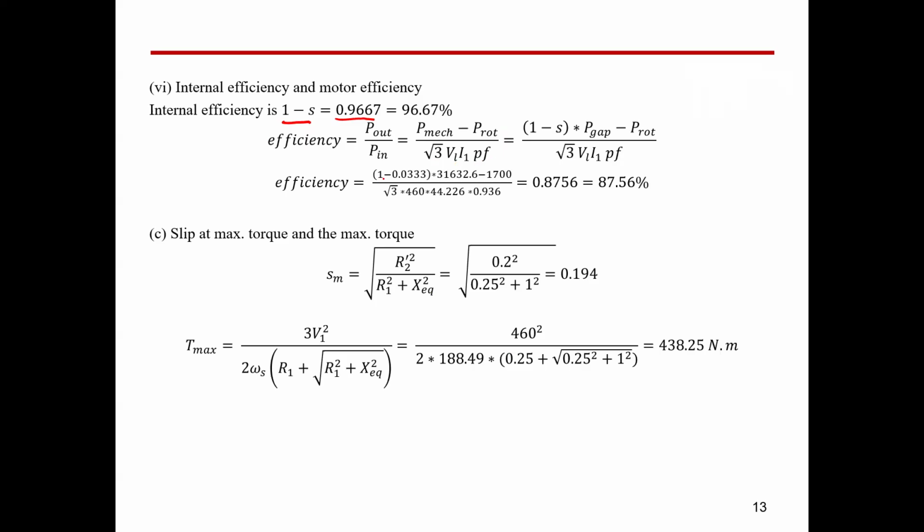So this is 1 minus S times our P air gap. P air gap was calculated before, okay, minus the rotational loss, which is given as 1700, divided by root 3 V line I line times the power factor. So this is the efficiency. The efficiency has to be less than the ideal efficiency for sure. Okay.